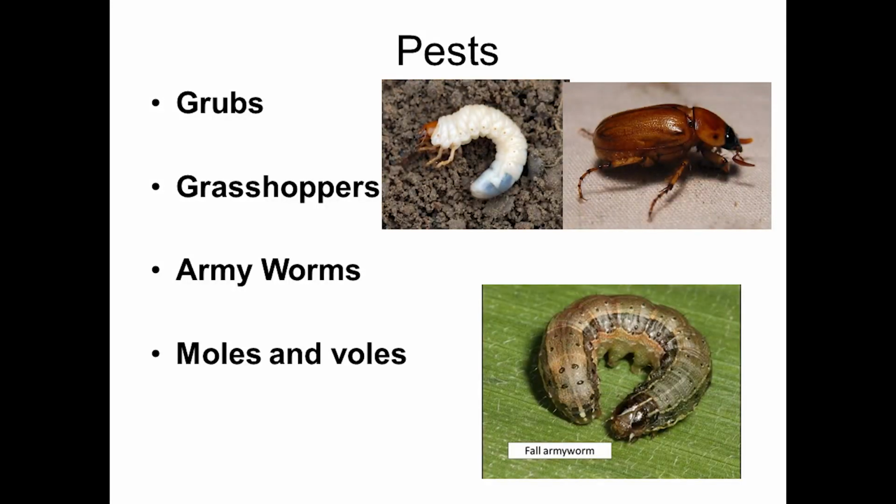So if a mole or vole crawls out of the hole and dies, because of the poison you've given it, and a cat runs across it, it will poison the cat. If a snake eats it, it'll poison the snake. And I can tell you the poisons that they use to kill a lot of the rodents is very, very nasty. It basically eats away at their blood vessels and they bleed to death from the inside. It's nasty. But it does a very good job at killing them off a lot of times.